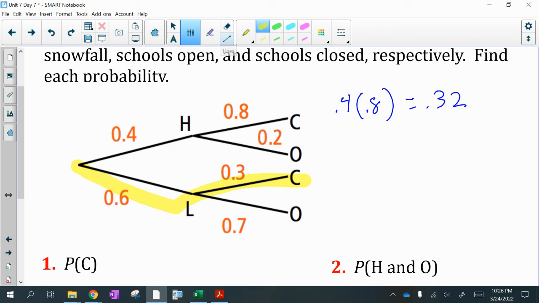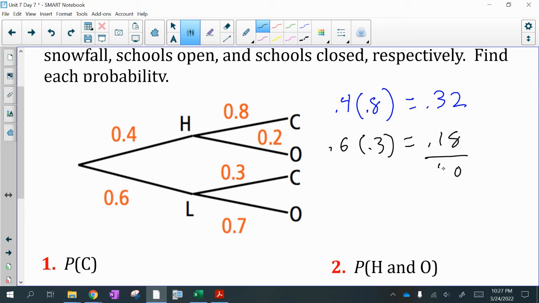And so in that case, we're going to say that we can go with 0.6 times 0.3, which is going to be 0.18. And I'm going to add down, and that's going to get me 0.50. So my probability of the school being closed is 50%. So far, so good, I'm hoping.